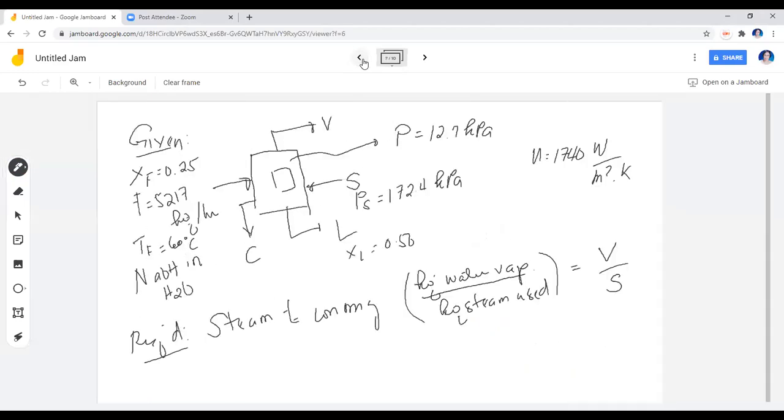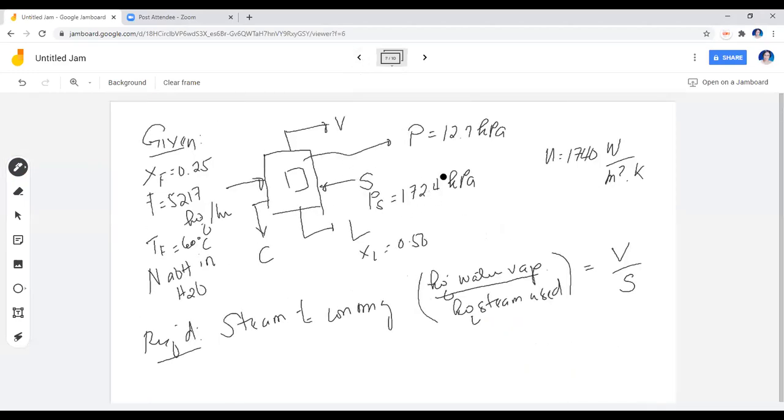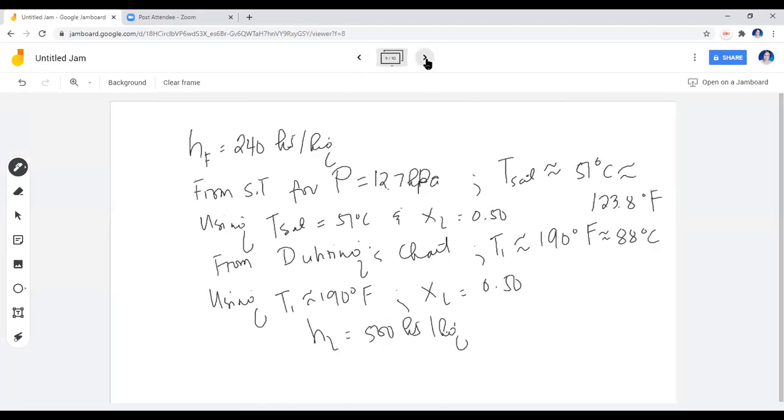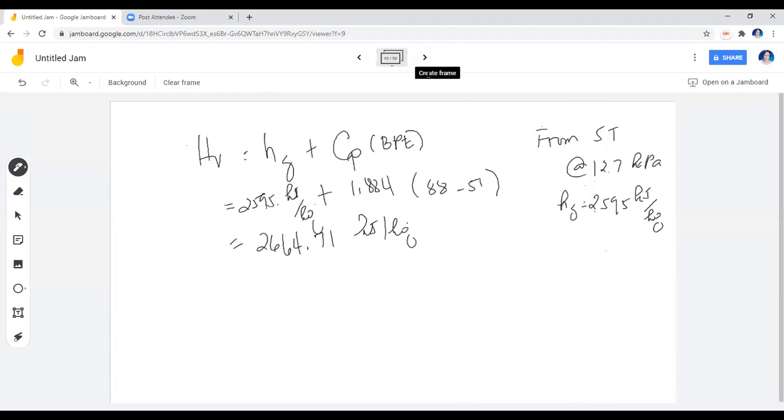In our problem, our steam is at 172.4 kPa. So for steam at a pressure of 172.4 kPa, let me check if it's correct.